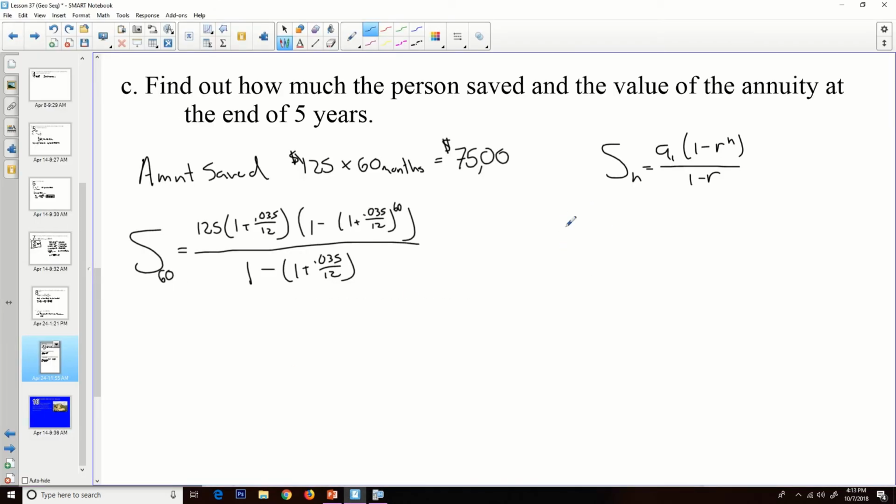If I come back here and go 1 plus 0.035 over 12, that's going to be my A. The cool thing is I can say that S sub 60 is now 125 times A times 1 minus A to the 60th power all over 1 minus A. And that makes entering that a lot easier.